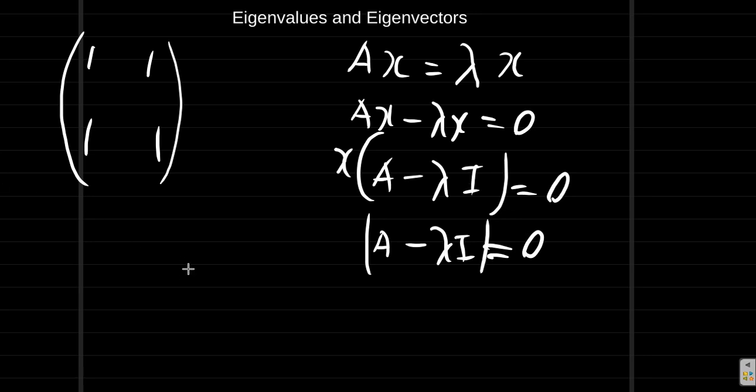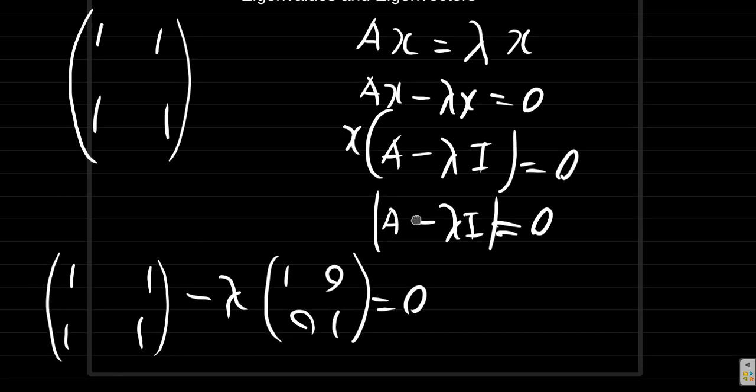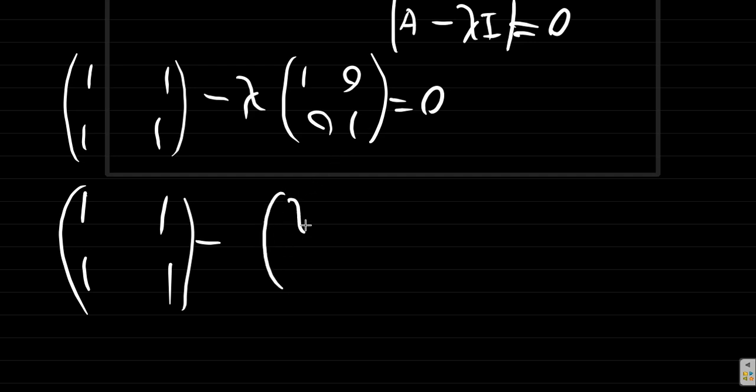So, here now, A is the matrix 1, 1, 1, 1, minus lambda times the identity matrix 1, 0, 0, 1, equals 0. Now, let's see what happened. 1, 1, 1, 1 minus, when you multiply out lambda, you get lambda, 0, 0, lambda.